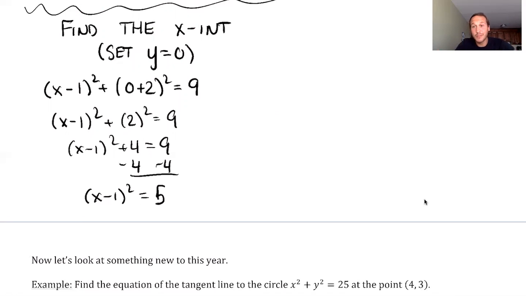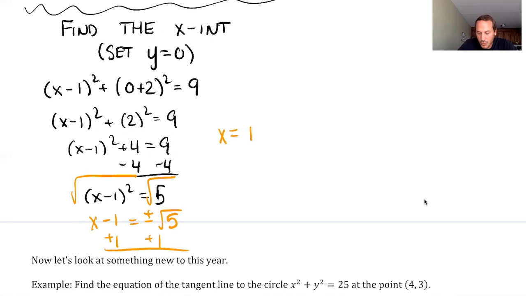Now, there's a reason that we review everything that we do. I should know what I'm doing here. I square root both sides. When I square root both sides, I'm going to get x minus 1 is equal to plus or minus radical 5. I add 1 to both sides, and I get that x is equal to 1 plus or minus radical 5.